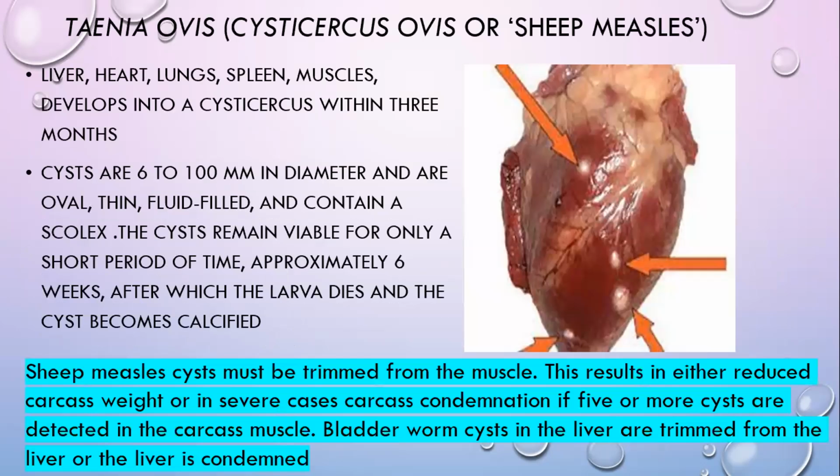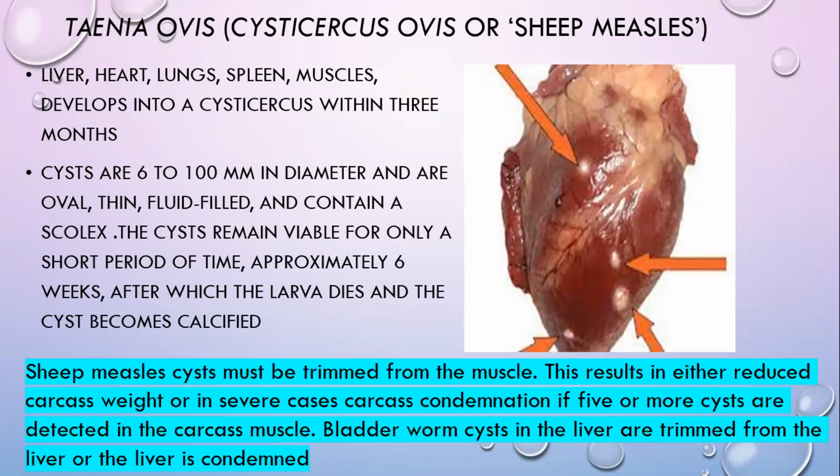There is another bladder worm which is known as sheep measles. The common name is sheep measles. Here the size of the cyst is comparatively smaller. They are oval. This is also fluid filled, but the cyst remains viable only for a short period of time, almost 6 weeks, after which the larva dies and the cyst becomes calcified.